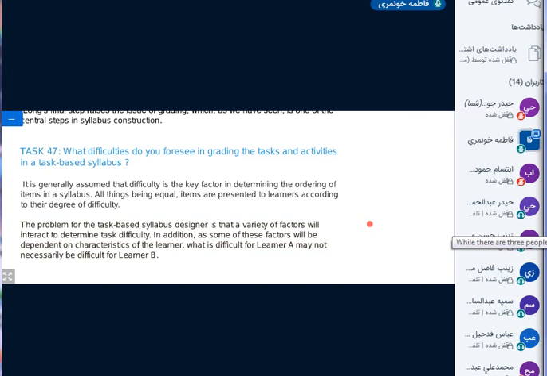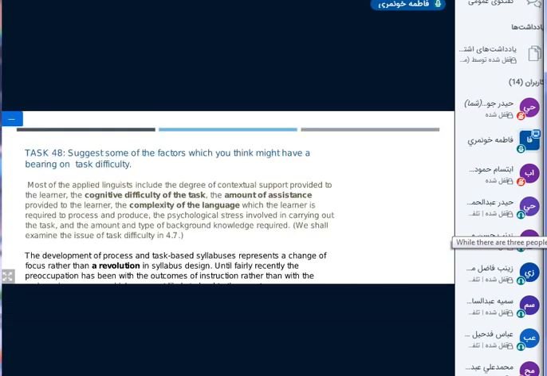So what you think would be the problems that you as a teacher might foresee or predict when you want to select some tasks for your students and grade them in your courses? So please answer these two tasks for our next class time, and we will discuss them before we start the new chapter of the new book.